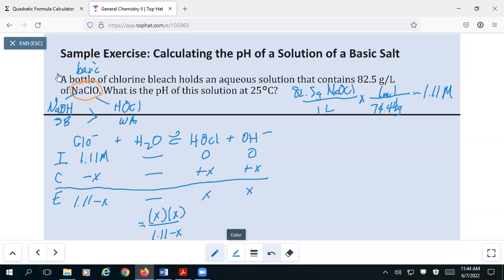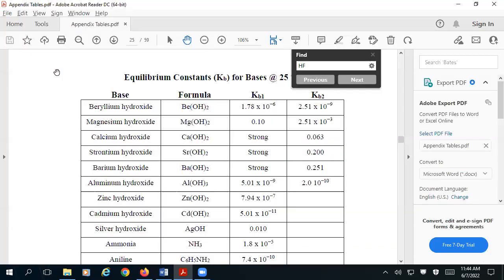This is where we have to fall back on that idea of conjugate theory. You're not going to find in a table of references the Kb value of hypochlorite. But what you will find is a Ka value for its conjugate, hypochlorous acid.